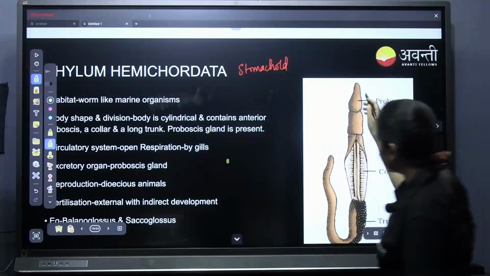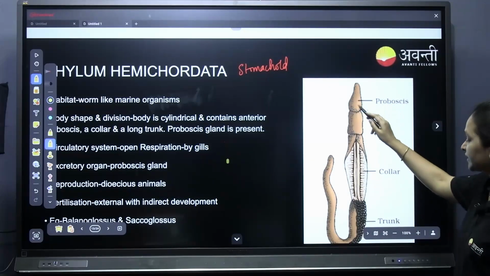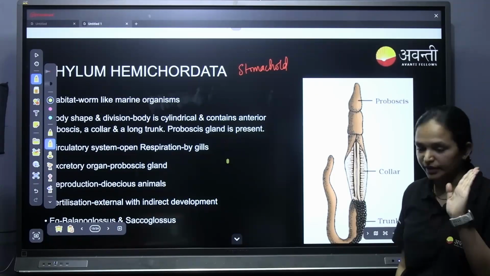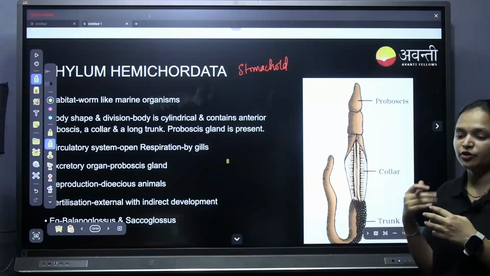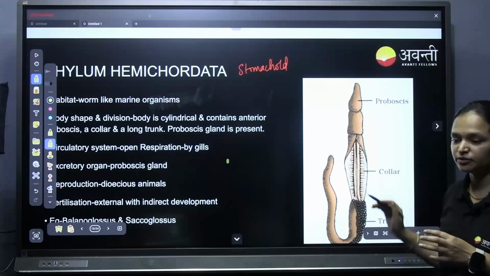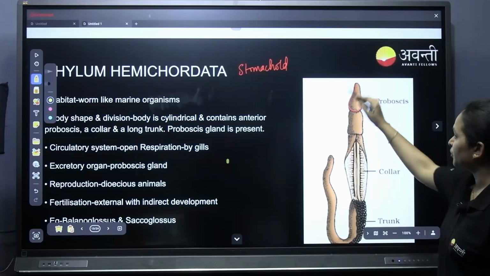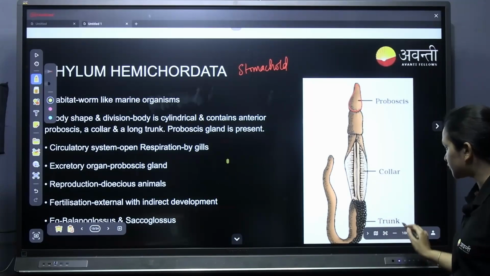And this is their body, and as you can see, this is head, collar and trunk, but it is not segmented. Only for our understanding and easy way of learning we have drawn the segmentation, but as such there is no segmentation. This mouth part is called proboscis, this one is called collar, and this is called trunk.